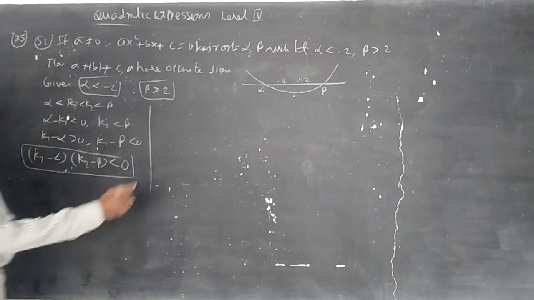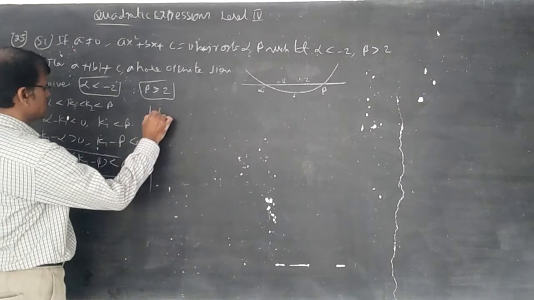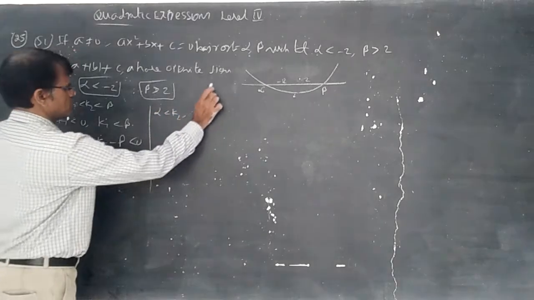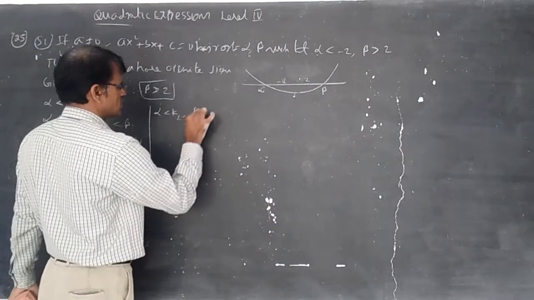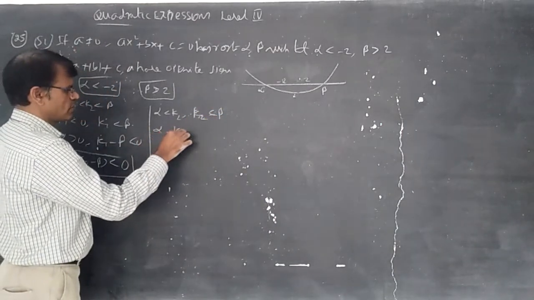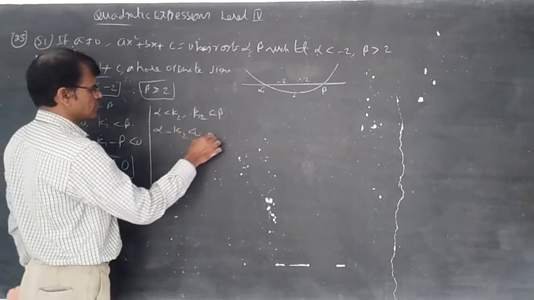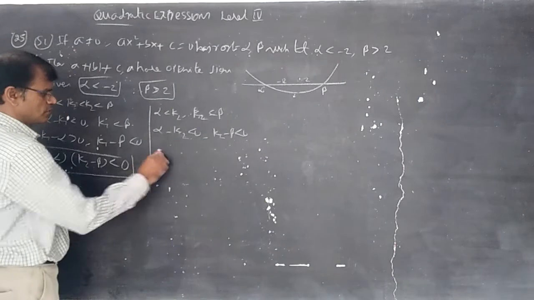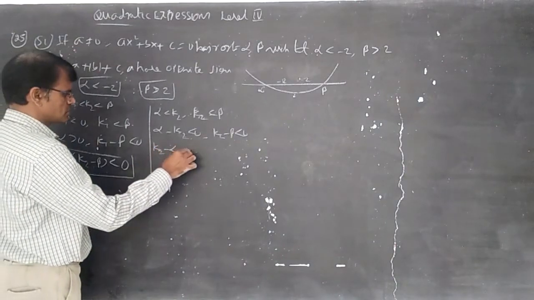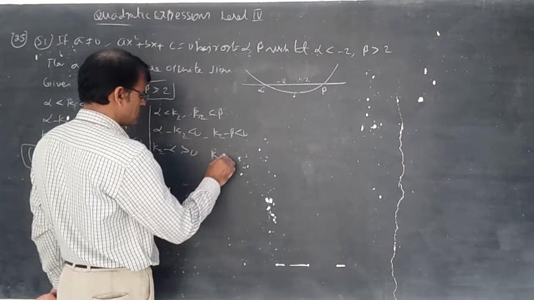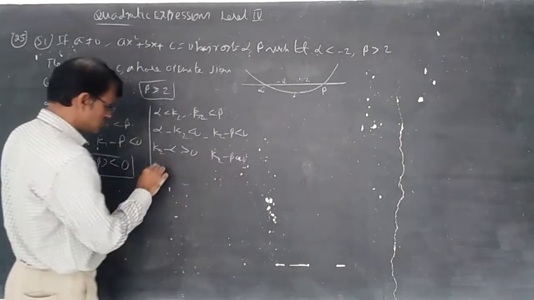And the same concept you can write for K2: alpha less than K2, K2 less than beta. So alpha minus K2 less than 0 and K2 minus beta less than 0. You can understand it as K2 minus alpha greater than 0 and K2 minus beta less than 0.